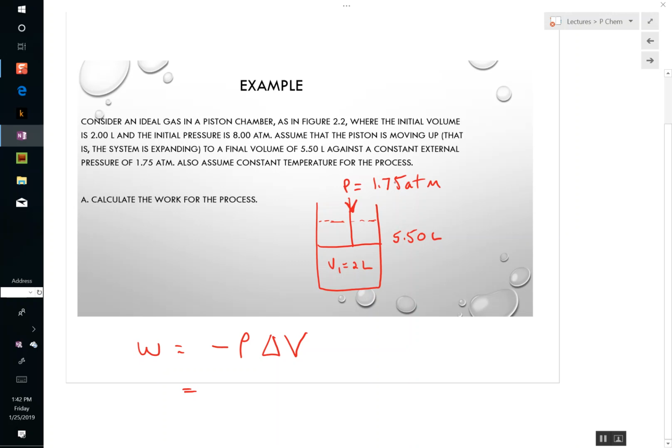So our external pressure here is 1.75 atmospheres, and our delta V is 5.50 minus 2.00 liters.